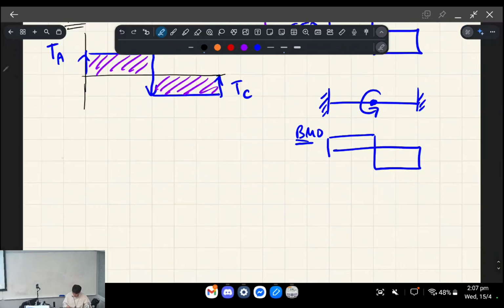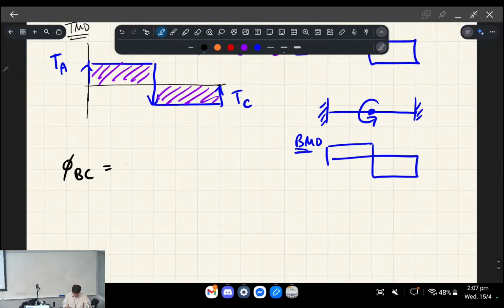So the twist from BC, let's make it negative, is equal to TC times L over GJ. And we're working out TC basically, that's what we care about.